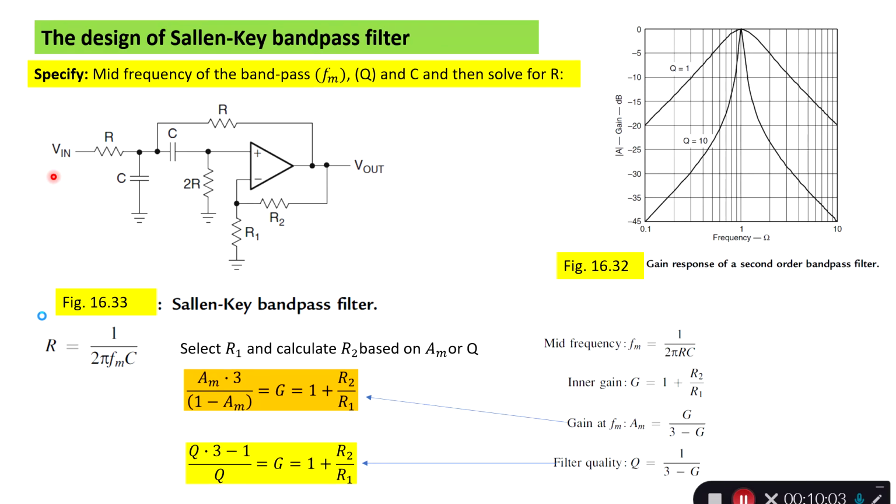Let's find some design equations. Based on this here, we can see that we have Q and AM where G is going into.